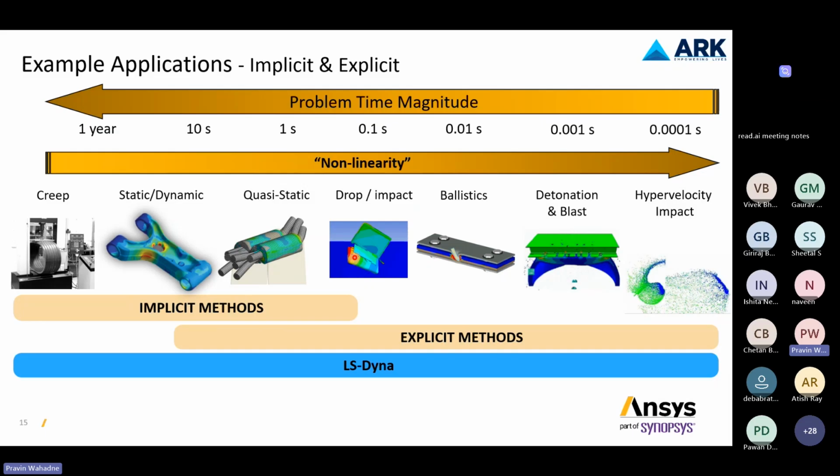In some cases they can come under implicit, and then they can come under explicit also. You can do this simulation both ways. But simulations such as ballistic impacts, detonations, or hypervelocity impacts come under the explicit method.